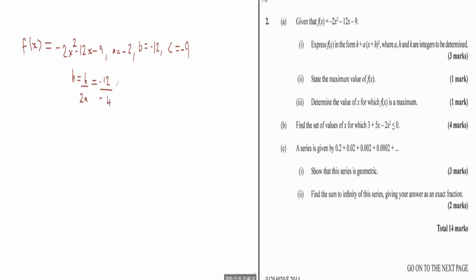And negative 12 divided by negative 4 is 3. So that's h. The next we need is k. To determine the value of k, it's going to be 4ac minus b squared over 4a. That's to determine the value of k.